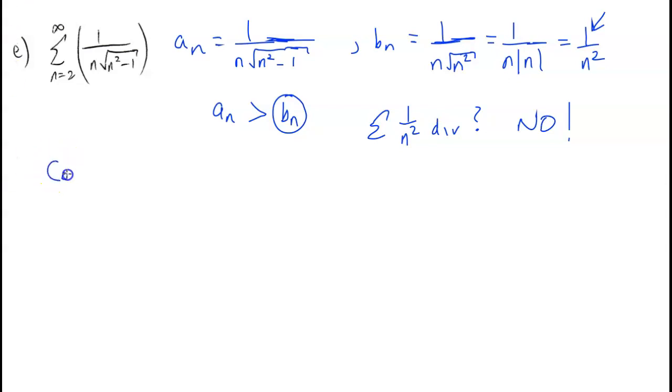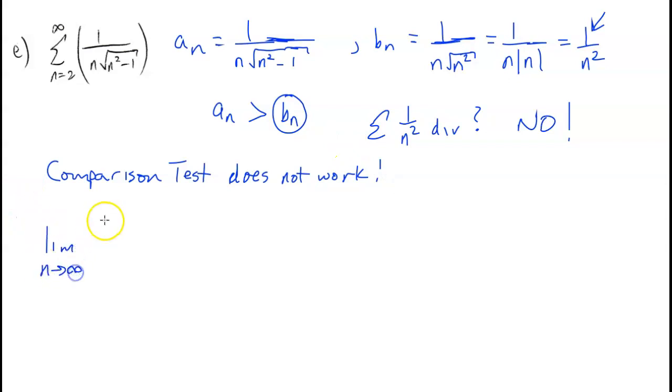So the comparison test does not work. What we want to do now is use the limit comparison test. We're going to take the limit of a sub n over b sub n and see what that gives us.